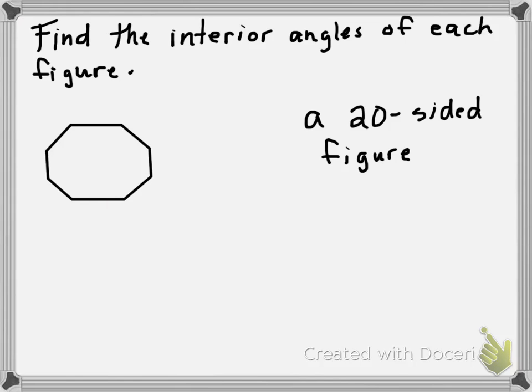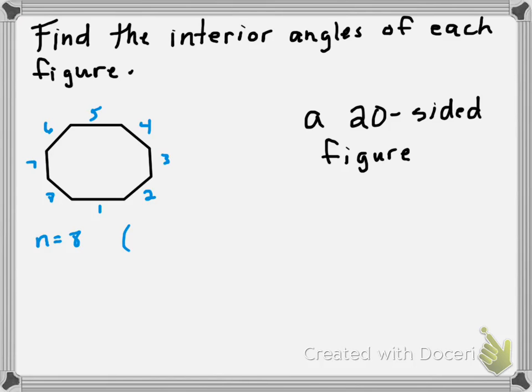Okay, so here's 2 figures for you. We have the figure shown, and then this one is not drawn. It's just telling you that it's a 20-sided figure. So you need to find the interior angles of both figures. For the first one, I see that it has 1, 2, 3, 4, 5, 6, 7, 8 sides. That means that n equals 8, right?